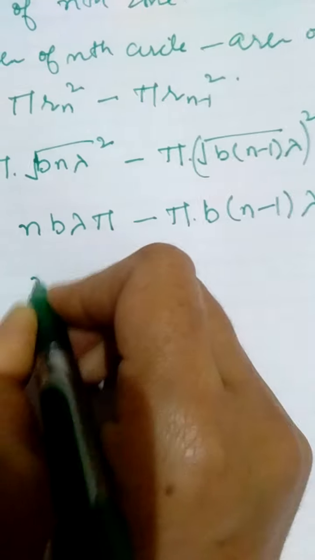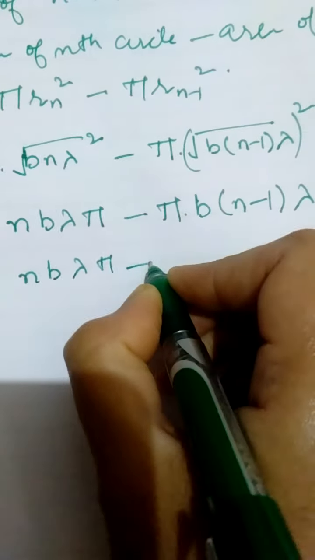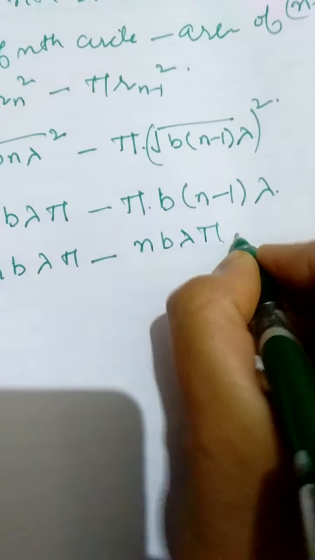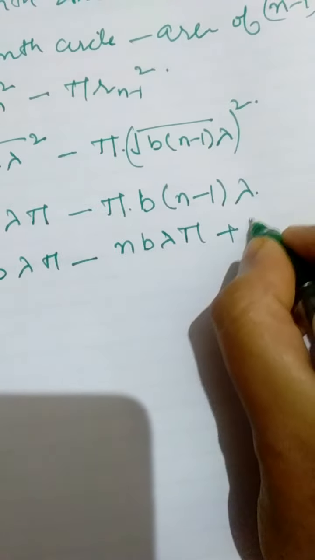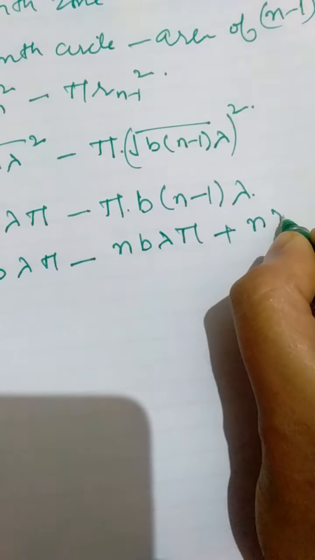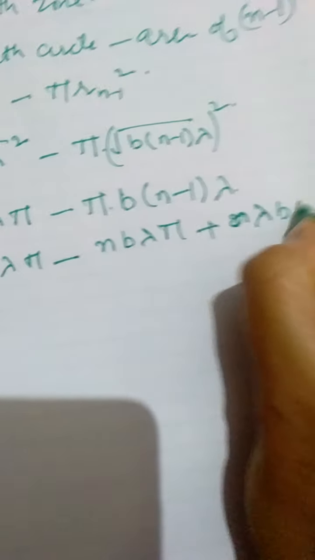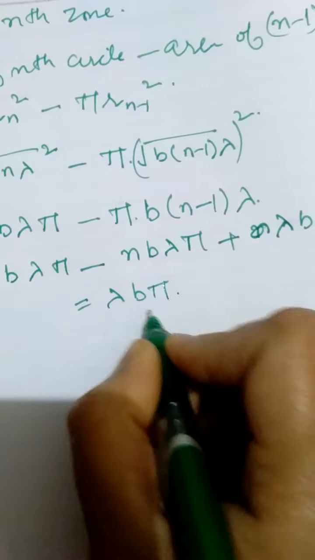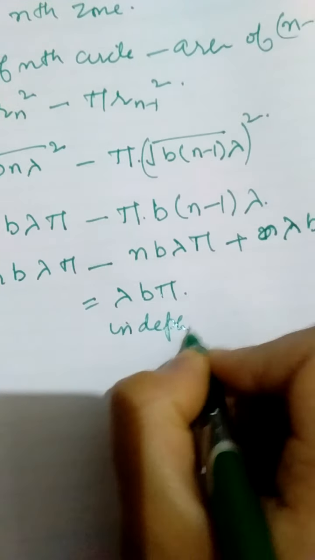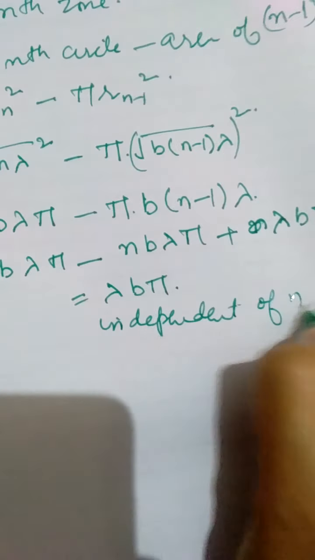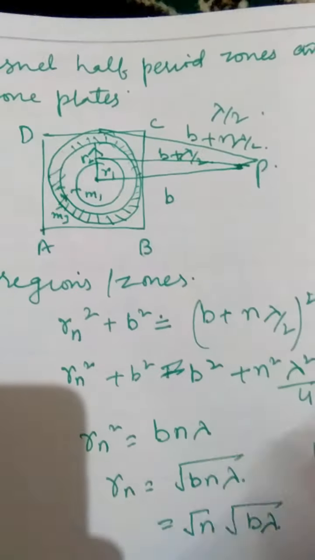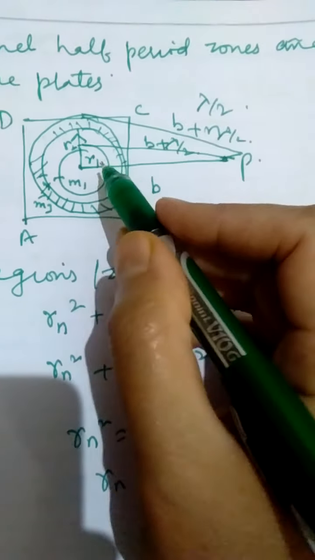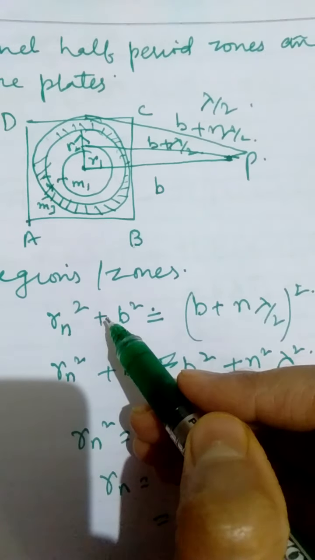So it is n b lambda pi minus n b lambda pi plus lambda b pi. So this and this will go, we are left with lambda b pi only, and this term is independent of n, which implies that all zones have the same area. Remember, the zones have different radii obviously, but their areas are the same, right?